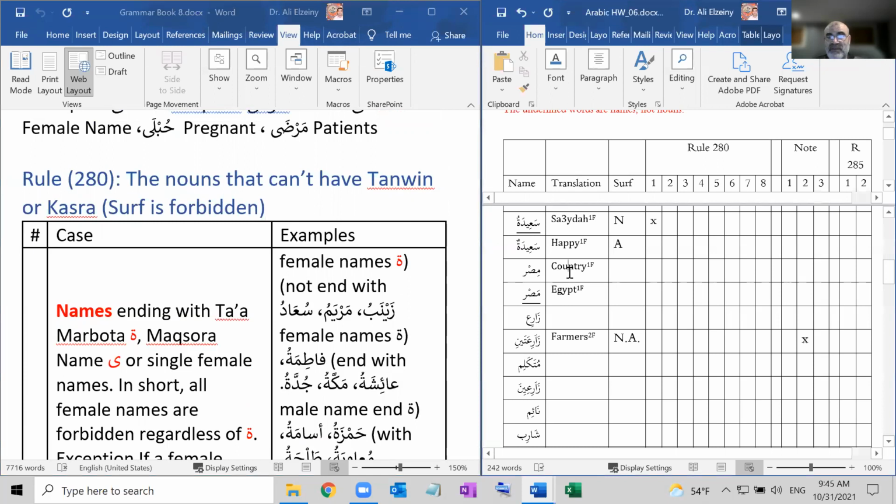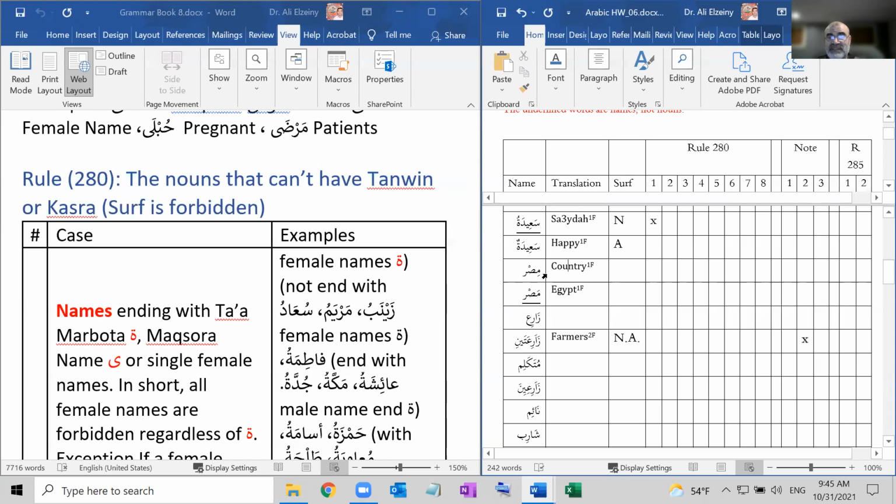Similarly, Misr can be used as a noun or as a name. If it's used as a name, then it's translated as Egypt. So Egypt is a name.